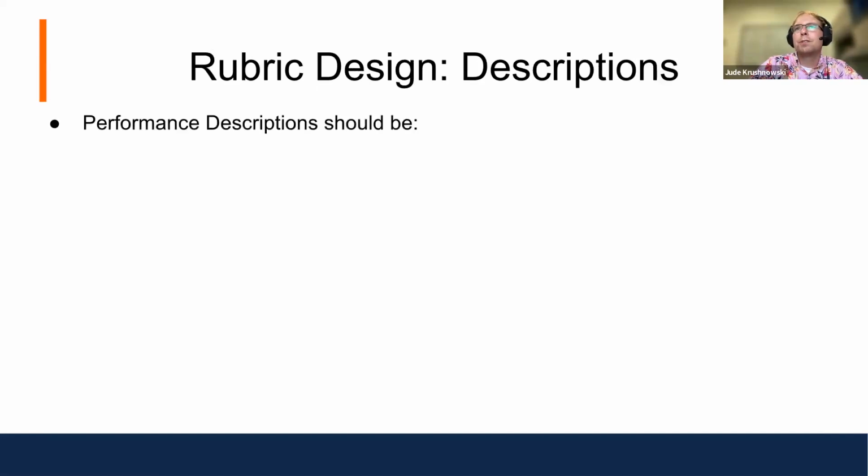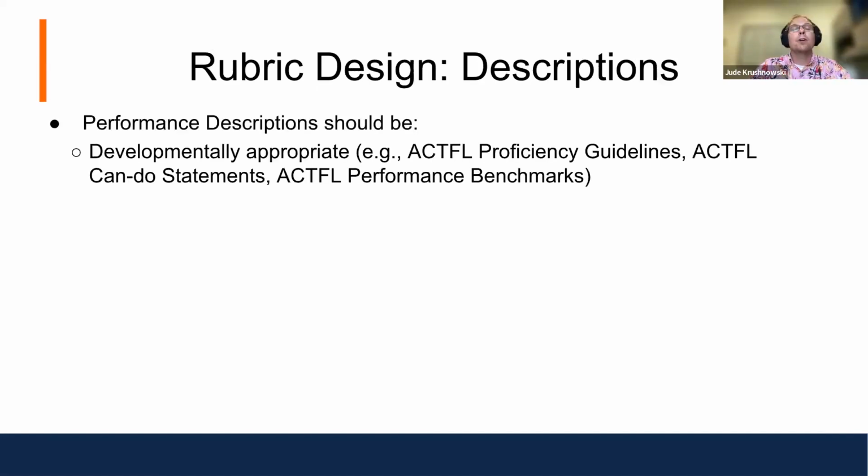And so our descriptions should be developmentally appropriate, something that we've touched on already. So we want them to be based on the actual proficiency guidelines or can-do statements or performance benchmarks, or if you're using something like WIDA, based on the WIDA standards.